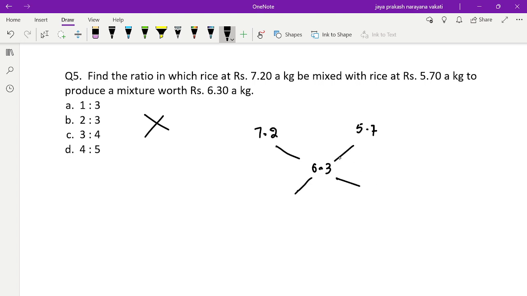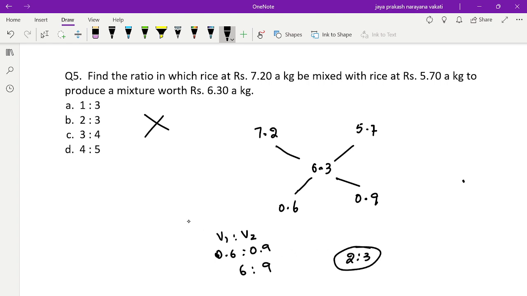Simple, you take 6.3 and 5.7 difference, it's 0.6. 7.2 and 6.3 difference, it's 0.9. So you got variety 1 to variety 2 ratio 0.6 to 0.9, which is 6 to 9, which is nothing but 2 is to 3. So this is our answer.